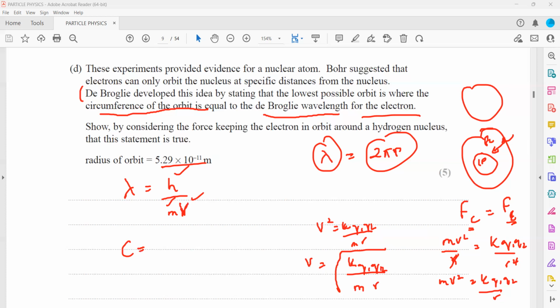We want to show that when the electron moves in the shortest radius, or the first shell, the wavelength associated with the electron equals the circumference, 2 pi r. So get the value for lambda, get the value of the circumference, and compare the two results. You will find that the two values are equal.